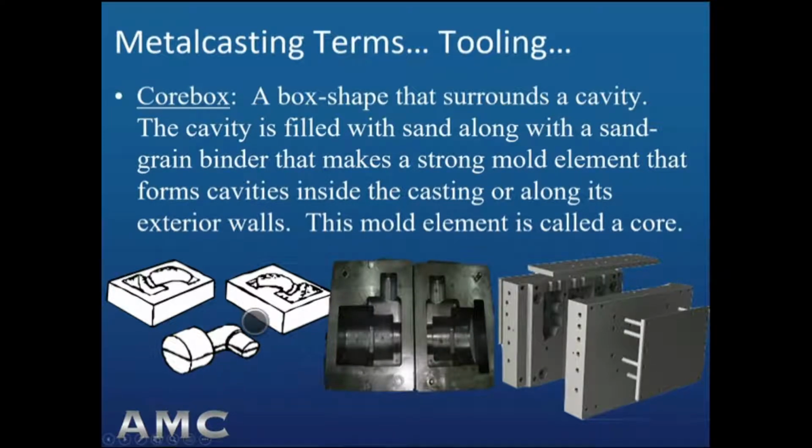The core itself bridges across 2 ends of the casting mold, and the extensions at the end of the core feature are called core prints that enable them to sit in the mold and bridge across an area to create a hollow cavity in the casting in that particular case. In the center is a metal core box, and at the right is a more complex metal core box with multiple pieces and an ejector system for the core.